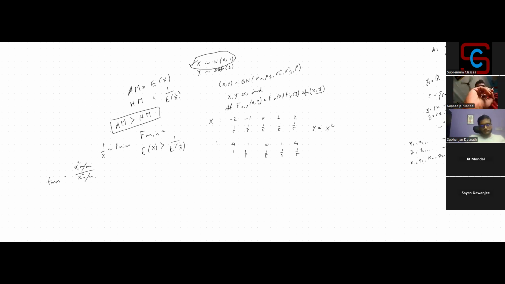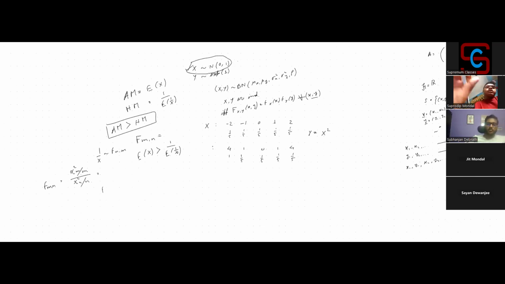F of m by n: a chi-square m divided by a chi-square n. Now they are independent, right? Chi-square m and chi-square n. Yes, obviously. Use all the facts written on the board to derive it. Expectation of chi-square m by chi-square n equals expectation of chi-square m times expectation of 1 by chi-square n.